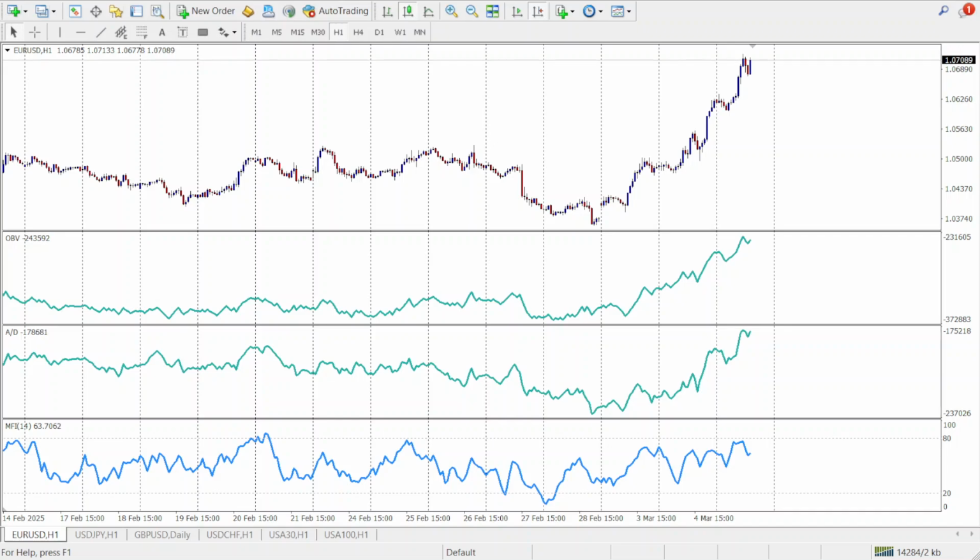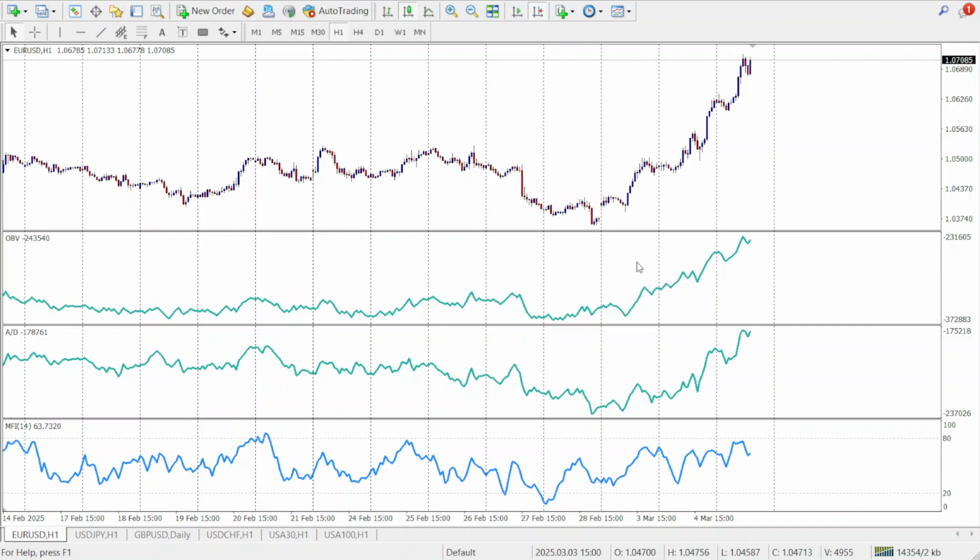All right. Next up, let's talk about the money flow index. The MFI is a momentum indicator that measures the flow of money into and out of an asset.